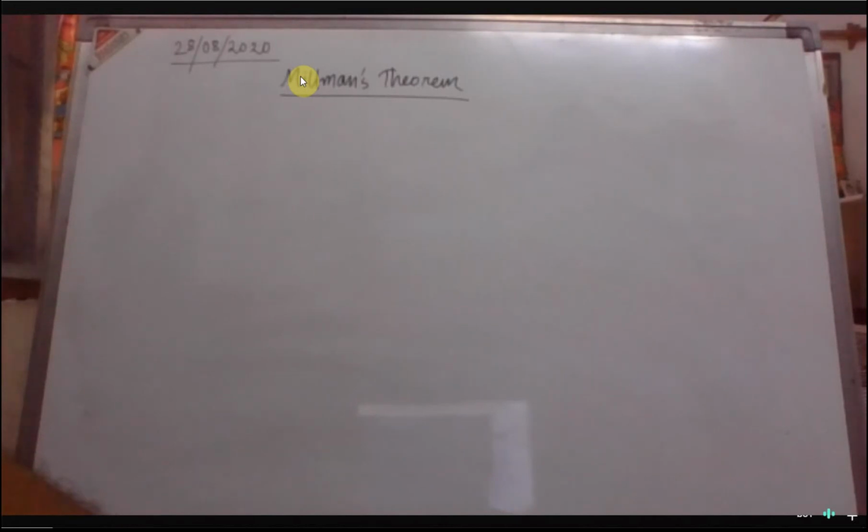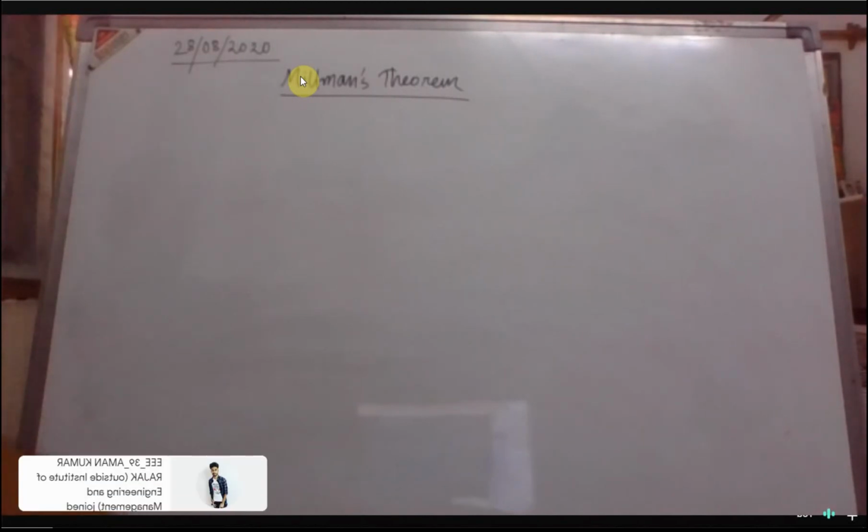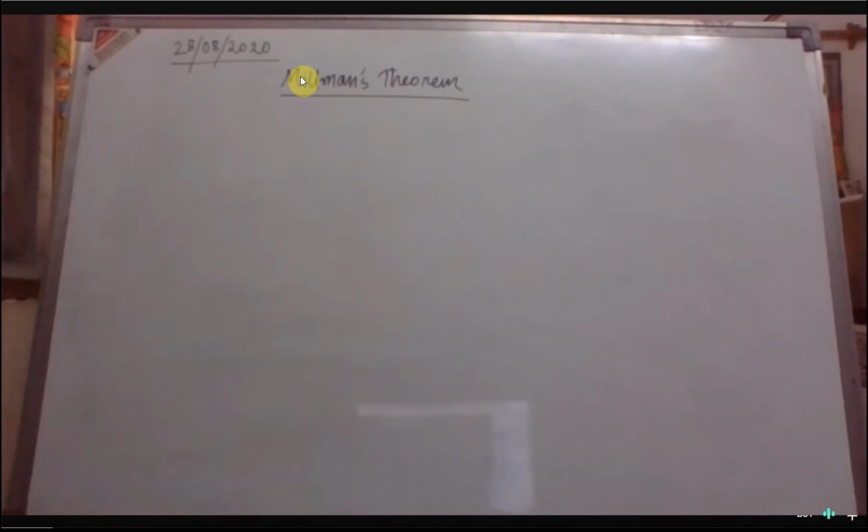Now, what does Millman's theorem tell? Listen carefully, because the statement will be in the books, so I will not go through the statement. Let me tell you what it says, what the procedure is and why we apply Millman's theorem.